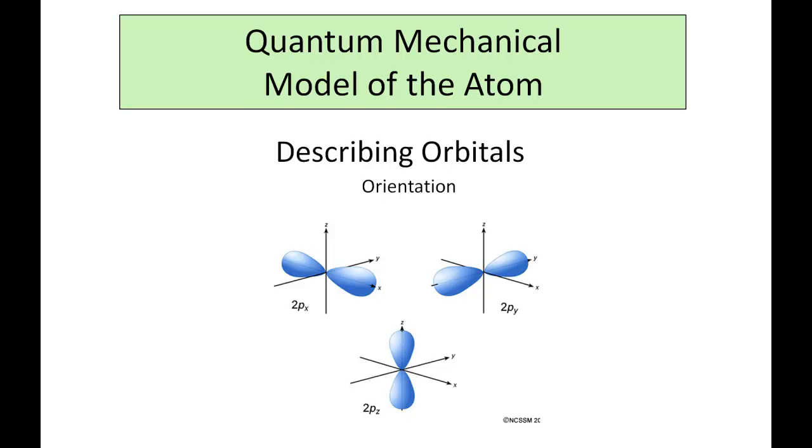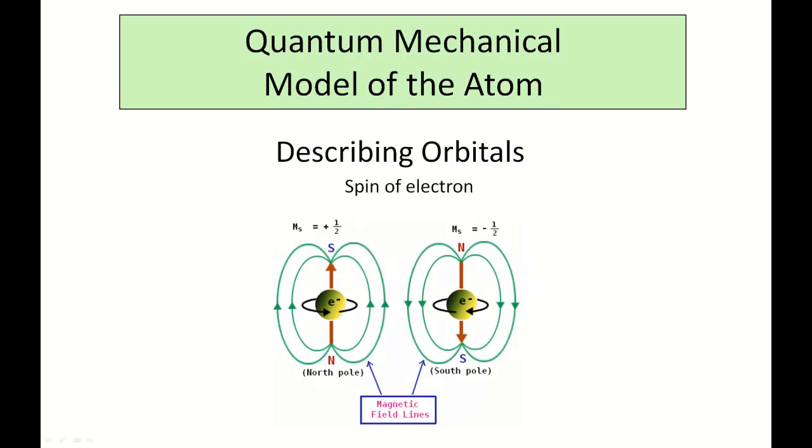And you can have them traveling on the z-axis on the bottom one. So as you can see, in the 2p sublevel, meaning it's got a principal energy level of 2 and it's going in a dumbbell shape, there's 3 different orientations that you can have. So there are 3 different orbitals in the 2p sublevel. Remember that for later.